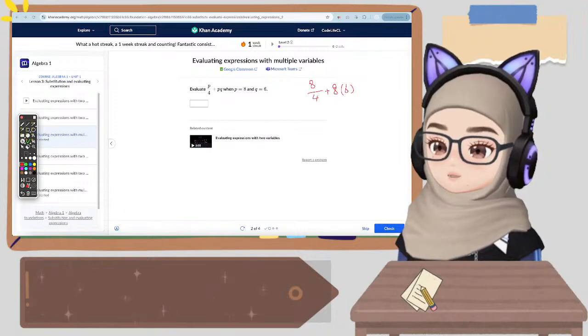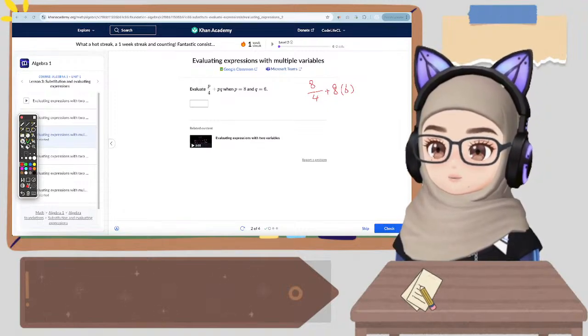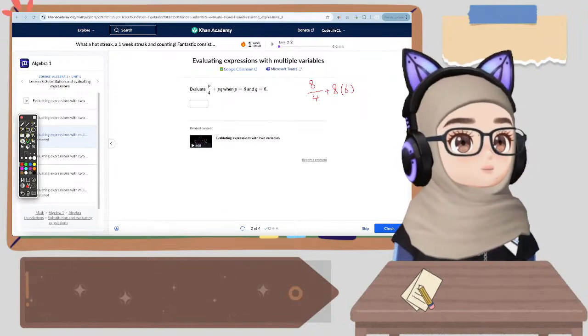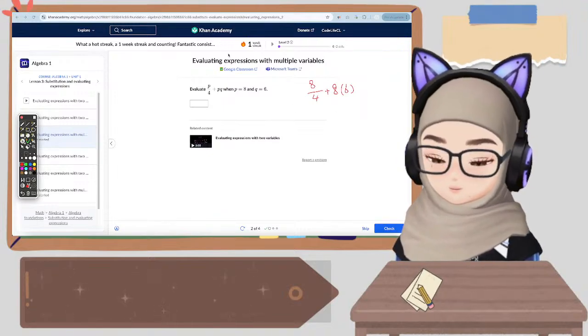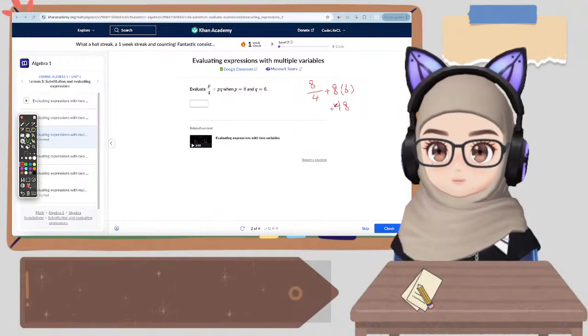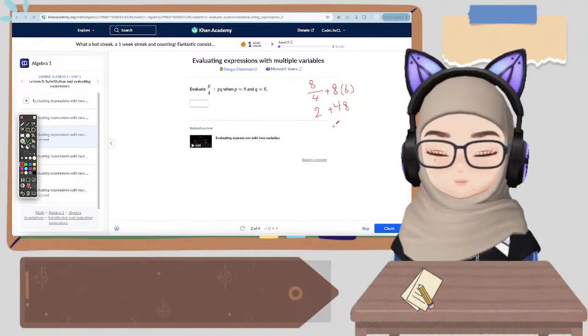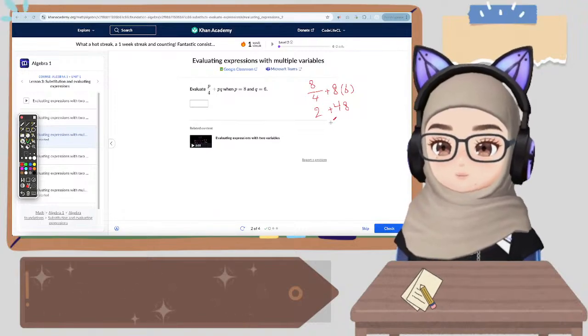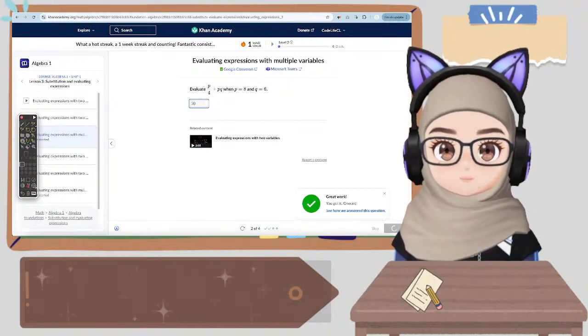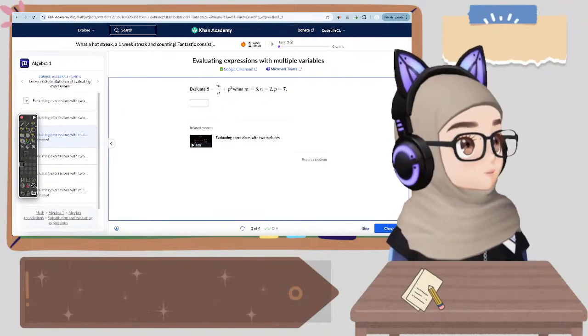Is it 42? I'm double checking with Google, by the way. Oh, it's 48. See? It is 40 something. That's what I remembered. 48. And then this here is a 2. So the answer is 50. Yay. Two more.